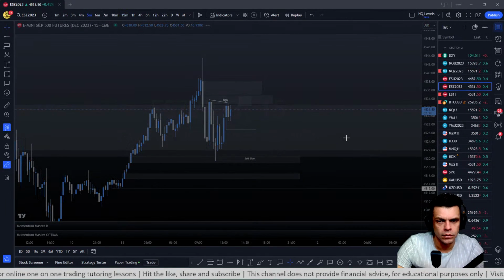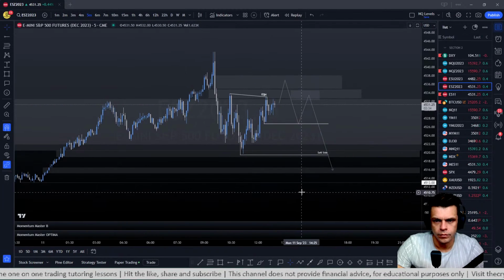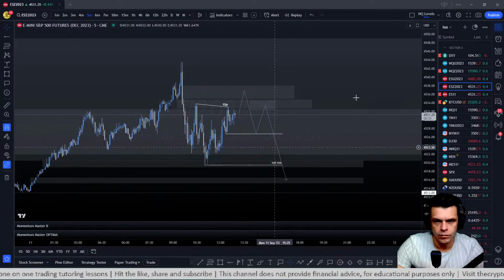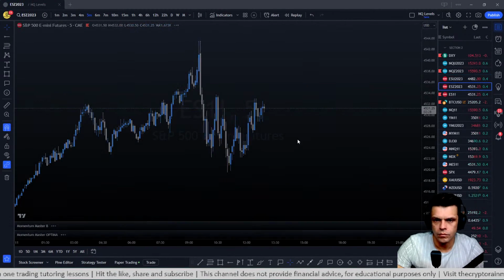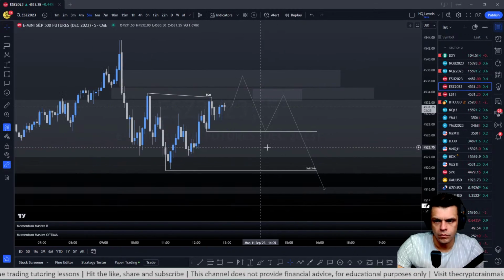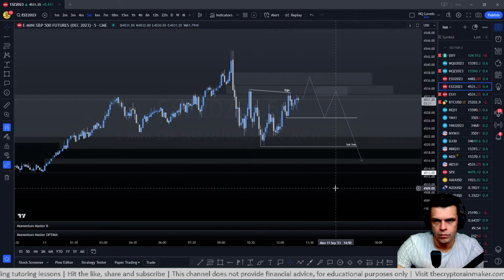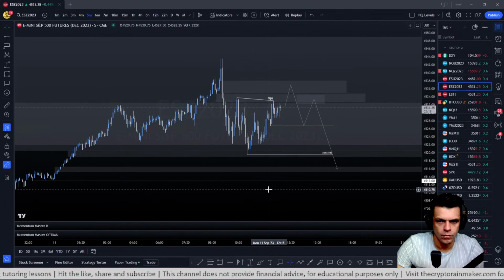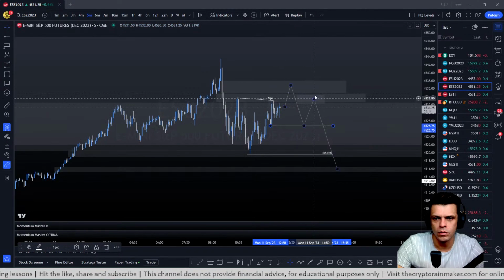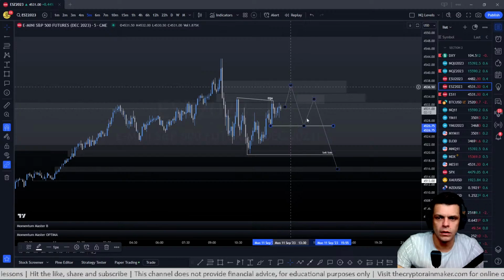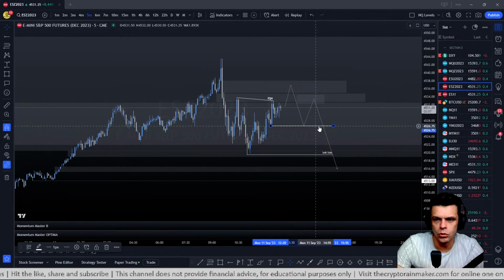Go back. Because if you get displacement below the low with a fair value gap in the displacement leg, and we see a retrace into that box, then we can go short.